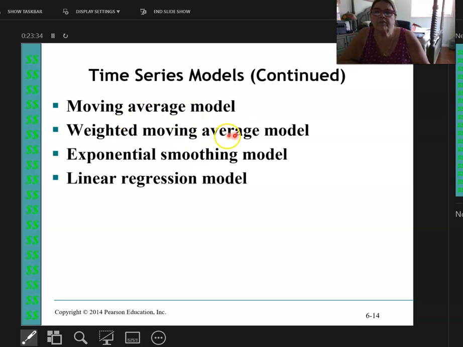The weighted moving average model is going to say, I'm going to weight each period that I'm taking the average from. I'm going to put some weight to it or some meaning to it. Then we have exponential smoothing model and linear regression model. All of these are going to require heavy-duty formulas. And again, not everybody is a math genius.